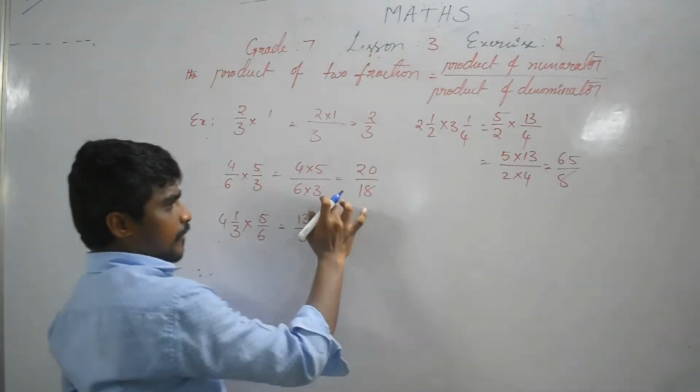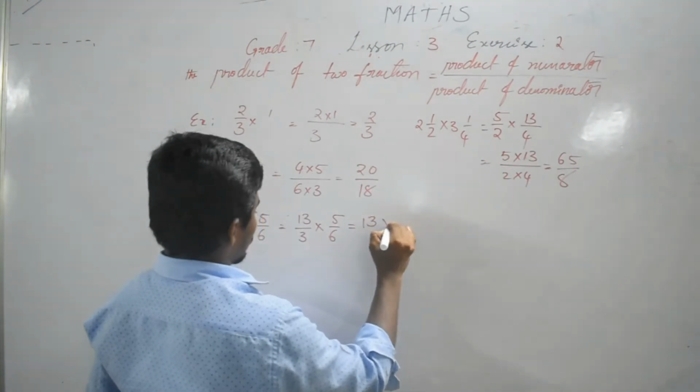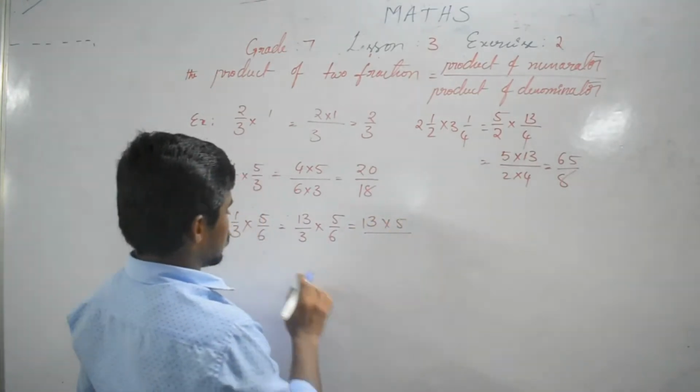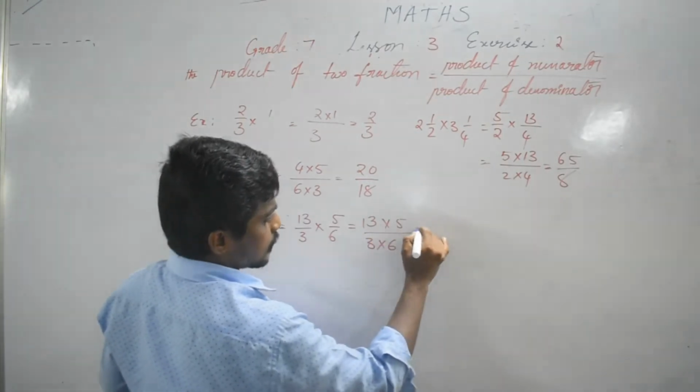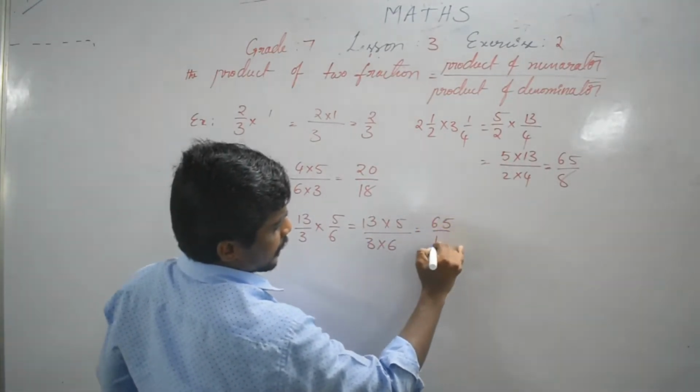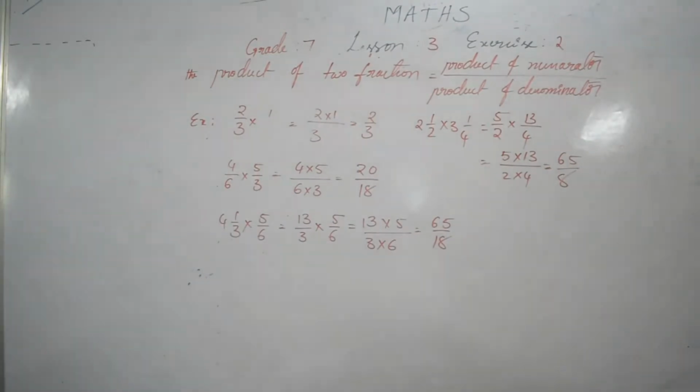So 13 5s are 65, by 3 times 6, 18. Right.